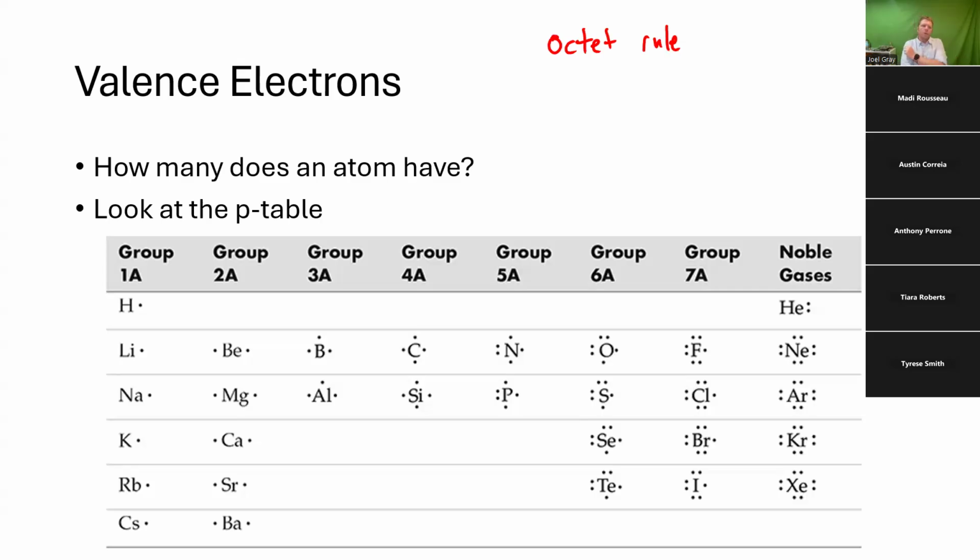Now, what do we know about rules? Rules are not necessarily meant to be broken, but it's good to know the rules, it's good to know the law, and it's also helpful to know exceptions. There are some exceptions to the octet rule. I'm going to say the octet rule is everything wants to get to 8 electrons.